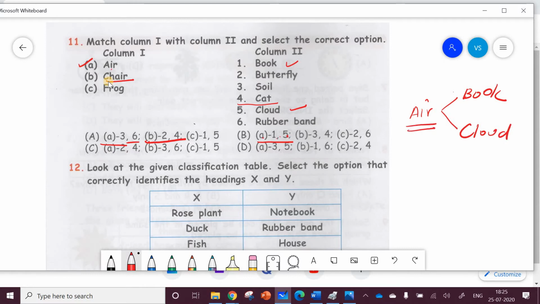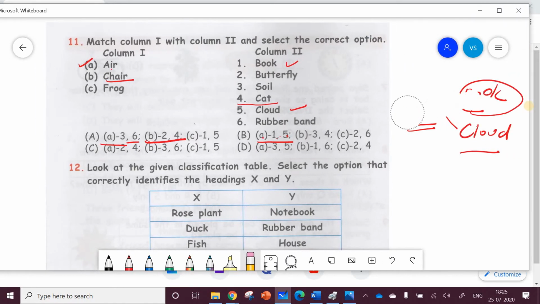Is it man-made or natural? Natural. Cloud is? Natural. What about book? Man-made. Absolutely right. Be confident, you're giving me the right answer. So this match was also not working because one option was man-made and the other two were natural. Let's check with the third option here.